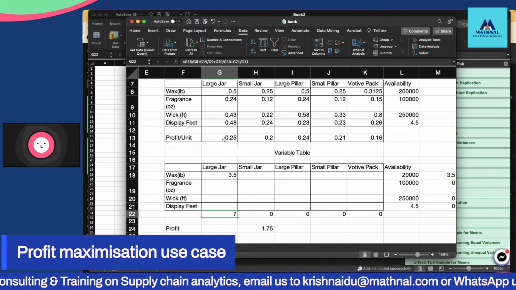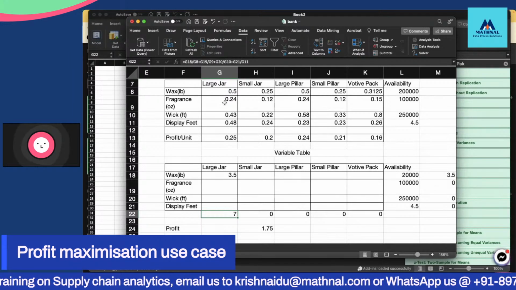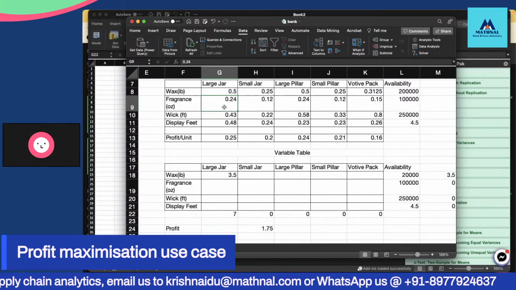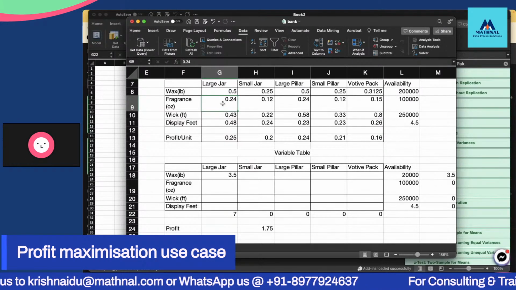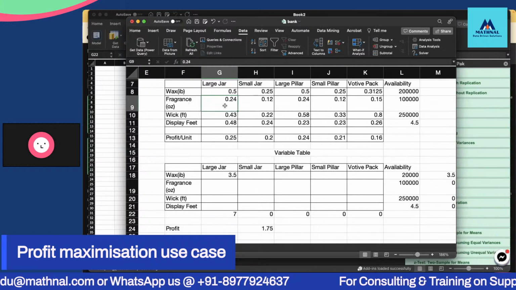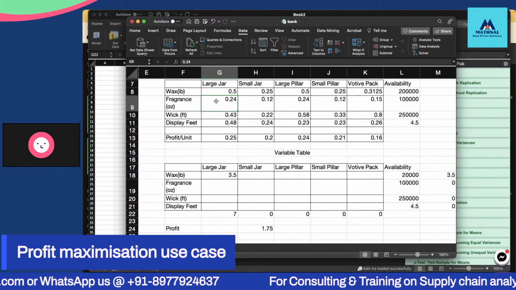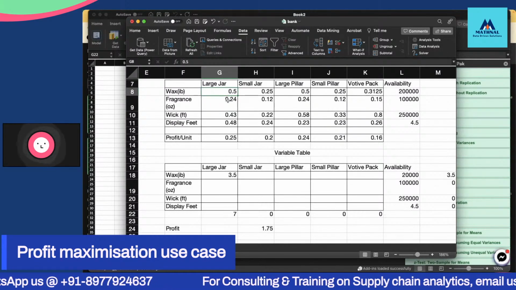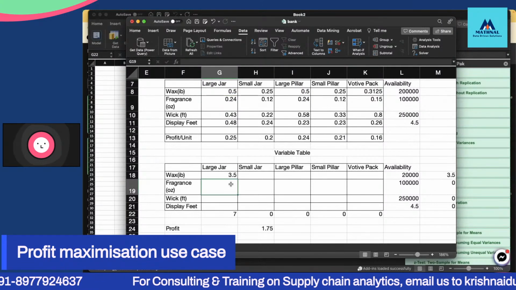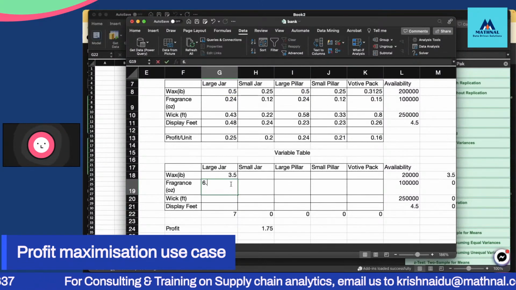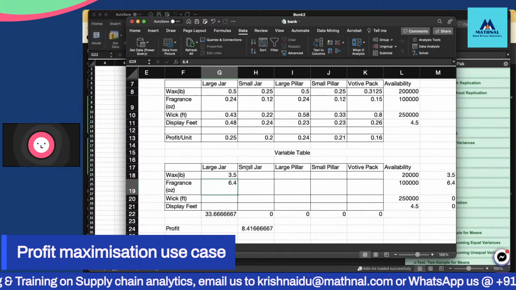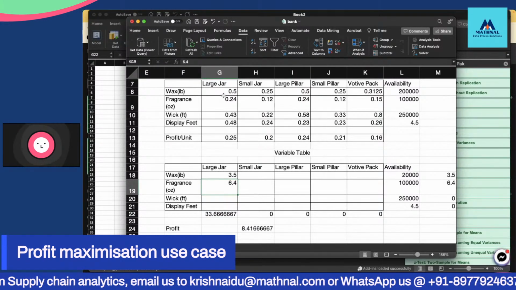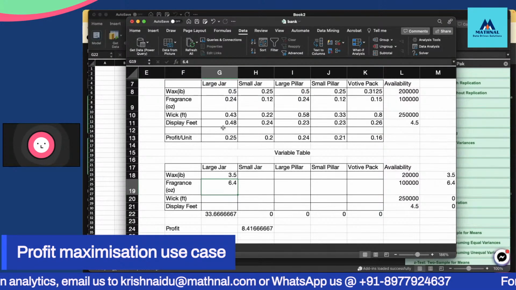So instead of adding, I have to use a min of this. This is 0.5, this is 0.24, and if I put 6.4 here, I get 33.6, which is a wrong answer. What I have to do is take the max or min of these ratios.